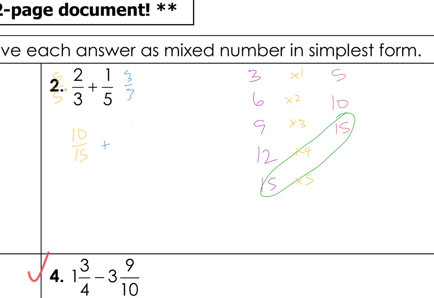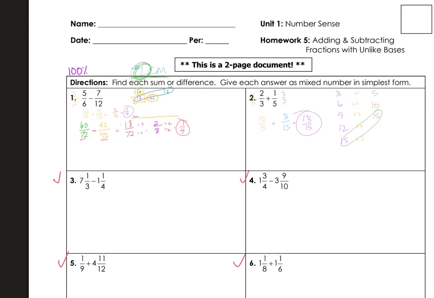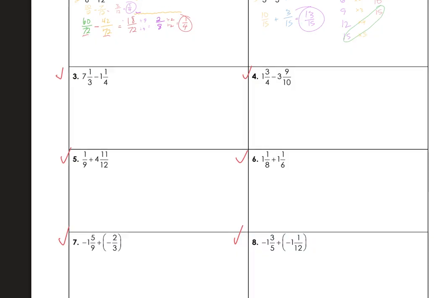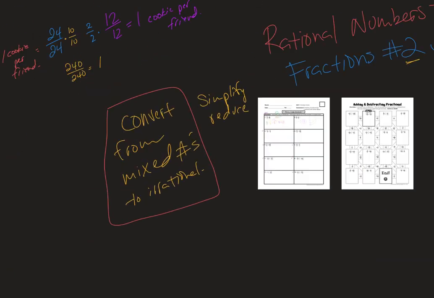So I get 3 fifteenths. This answer is now 13 fifteenths, and we're done with that one. Definitely not as bad as the first one, because the numbers don't get so large and ugly, but hopefully you see the comparison. Now, we are jumping into several in a row where we need to convert.